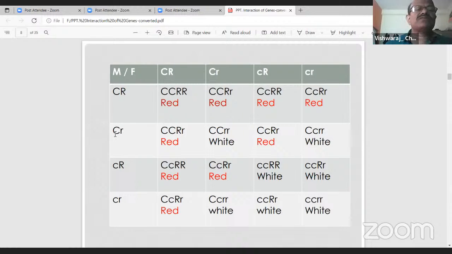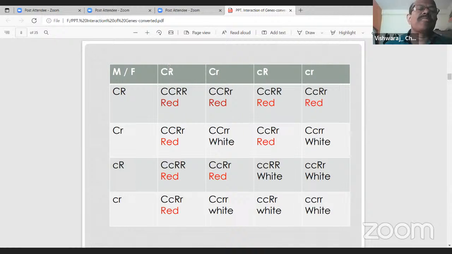And the second gametes, capital C, capital R, small r, red color. Female capital C and male capital C, female capital R and male capital R, white color. Male capital C, female small c, female capital R, male small r, red color. Observe. Then male capital C, female small c, male small r, and female small r, white color.